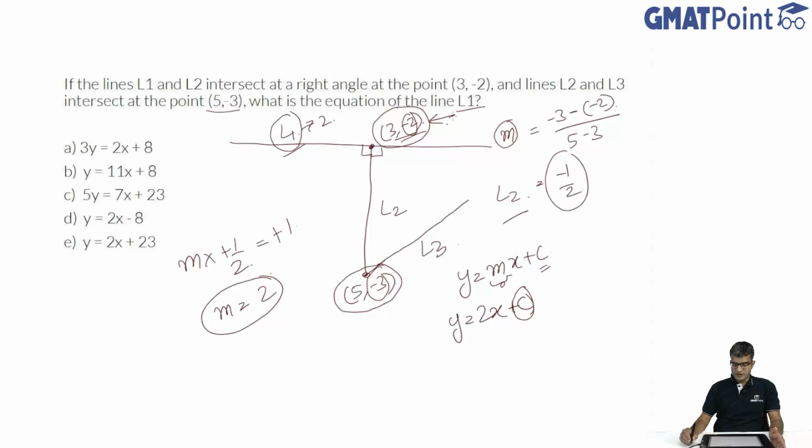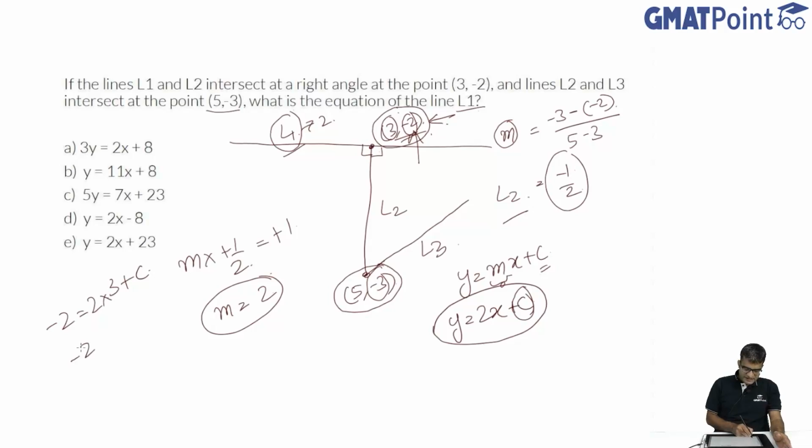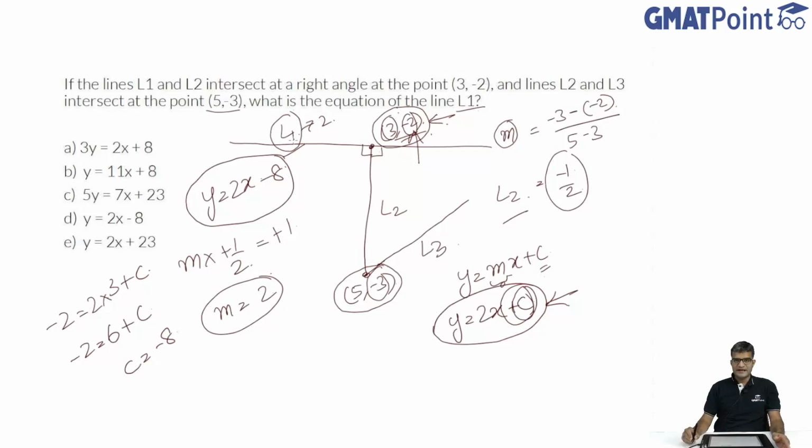So if you substitute the value of y to be equal to minus 2 in this equation, minus 2 is equal to 2 times x, which is 3, plus a constant c, or minus 2 is equal to 6 plus c, or the value of c is equal to minus 8. Therefore, the equation of the line L1 will be y is equal to 2x plus c, but c is minus 8, so 2x minus 8. This is the equation of the line L1, which is option D.